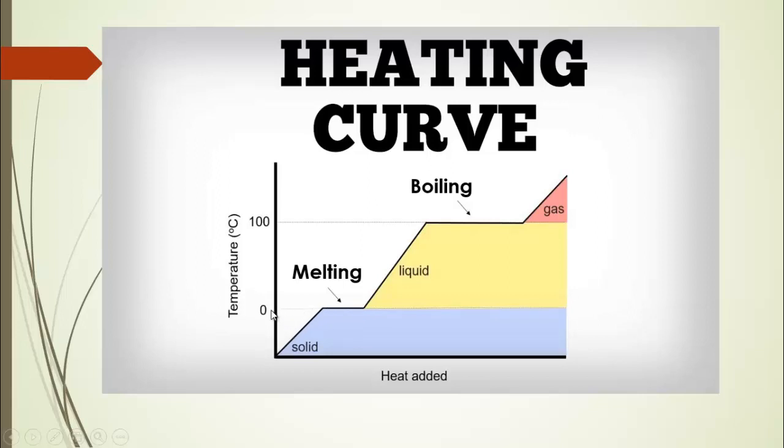So here this 0 degree is actually the melting temperature of ice. Now follow here. After passing some time, when all the ice molecules are converted into water, in this time temperature is not changed. It remains at 0 degree centigrade.